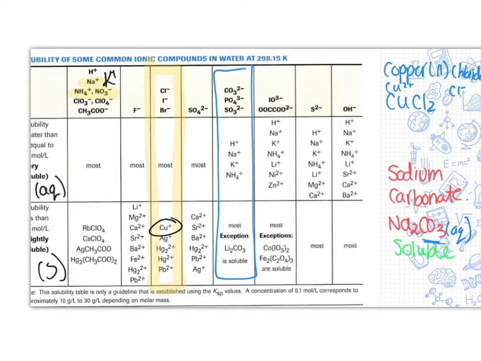Everything else is soluble. So because we have copper 2 plus, we don't have copper 1. It's important to note that copper 2 would fall into the most category and that this would be soluble, so AQ. So charge matters on our multivalent ions.